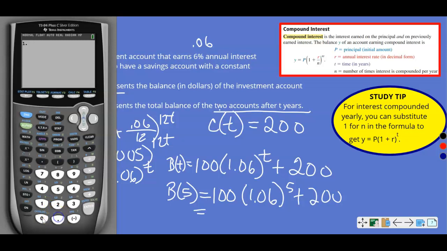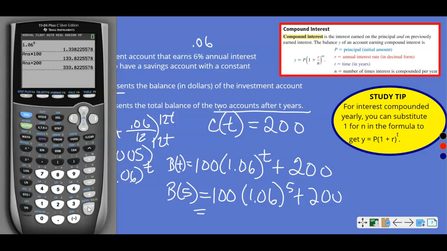All right, I'm going to start with 1.06 raised to the 5th power because I'm doing order of operations. My calculator may do it if I plugged it all in, but I'm going to do it myself. So this, and then I got to times it by 100, and then plus the 200.